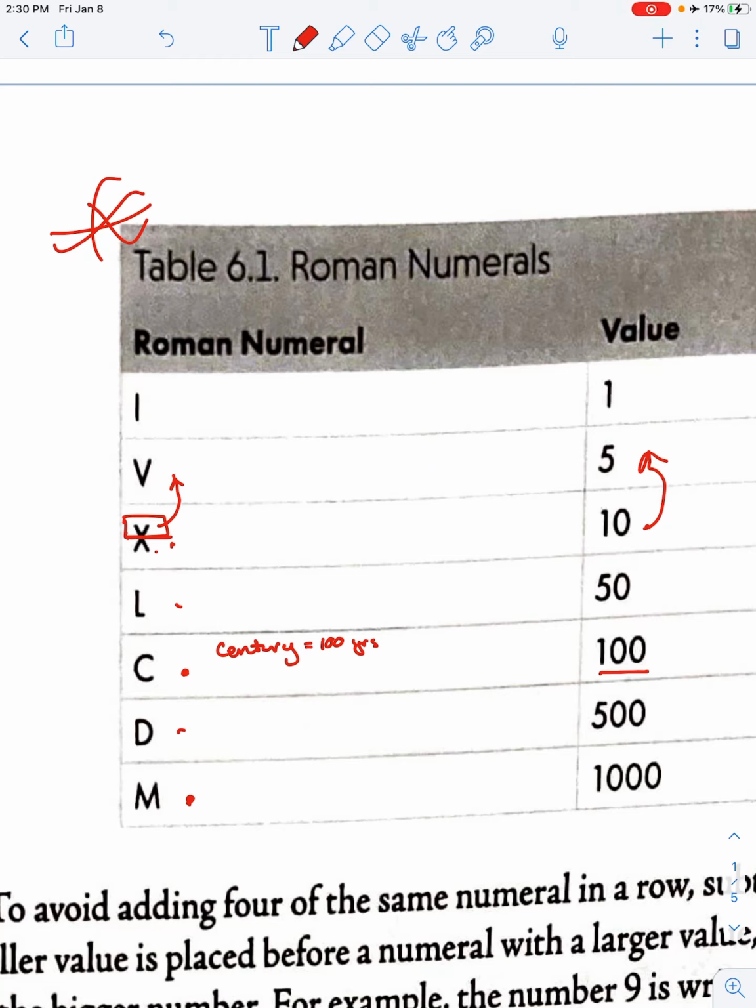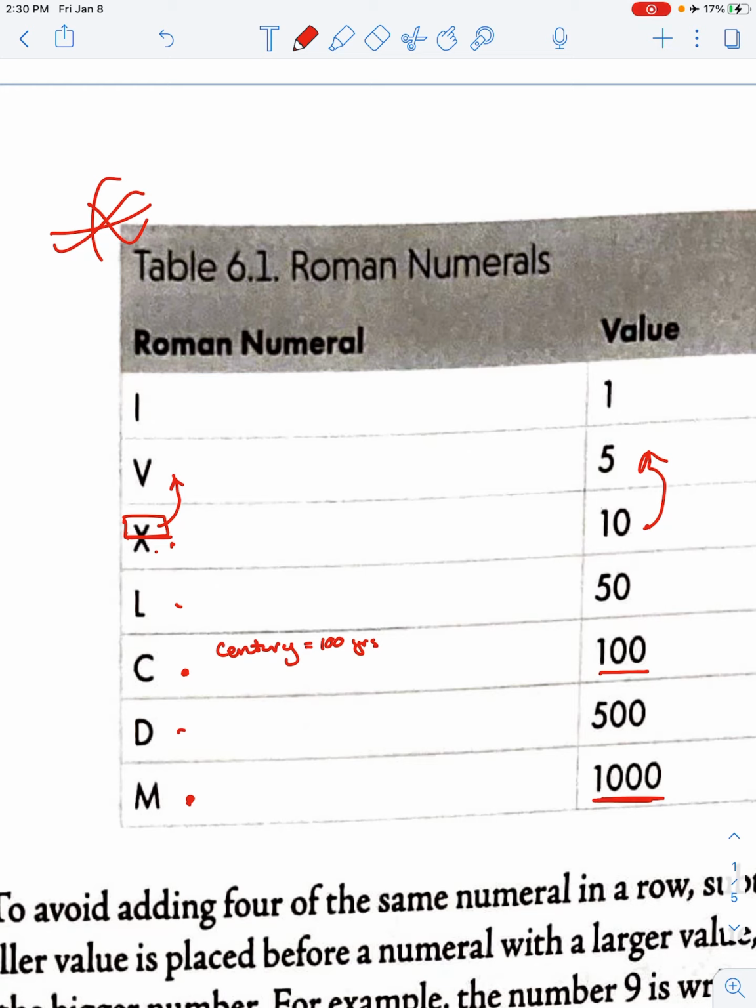All right, what about the M? Milli. Milli is the Latin root for 1,000. A millipede supposedly has 1,000 feet. In fact, when we get to the metric system, we'll see that milli means 1/1000th. So M is 1,000.